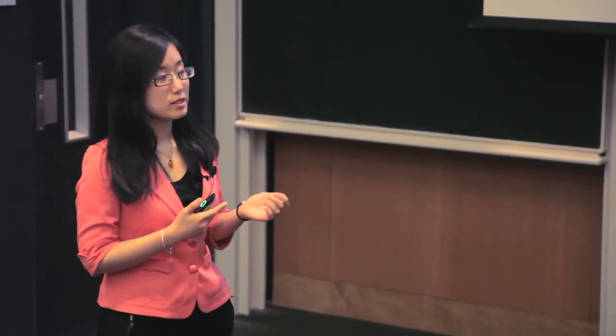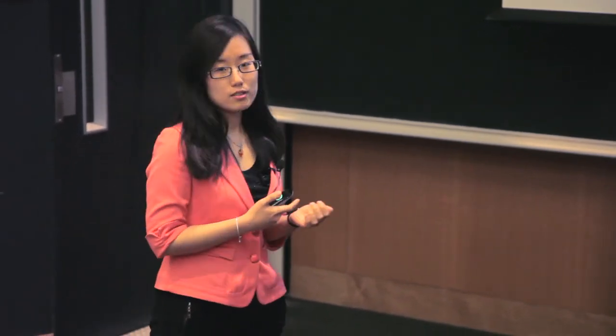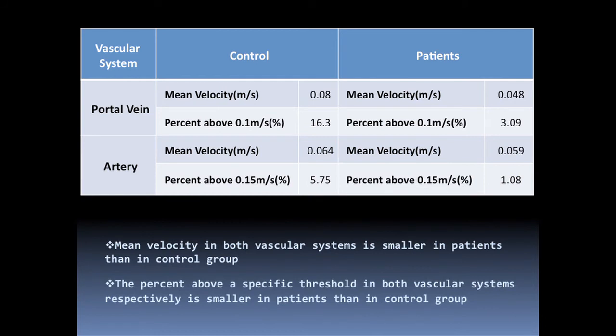Well, the result shows that the mean velocity in both these two vascular systems is smaller in patients than in the control group. And also, the percent above a specific threshold, respectively, in both vascular systems, is smaller in patients than in the control group.